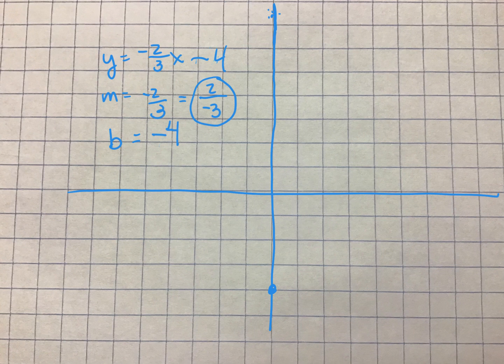So any negative slope has 2 ways to write it. Any positive slope does too, and I'll show you that in a minute. So we're going to do up 2 and left 3. Everybody see what I'm doing? Yeah. And if I went down 2 and over 3, it's right here.